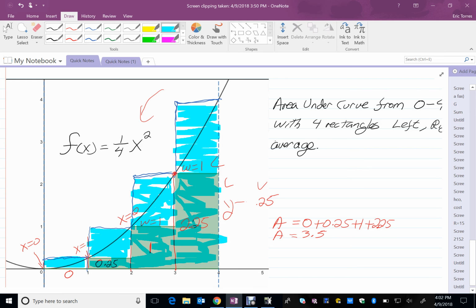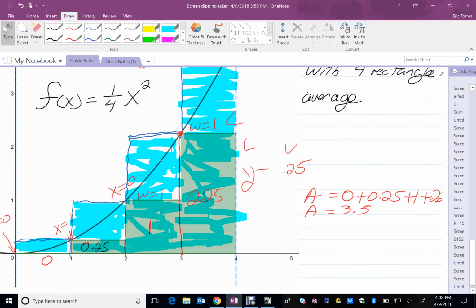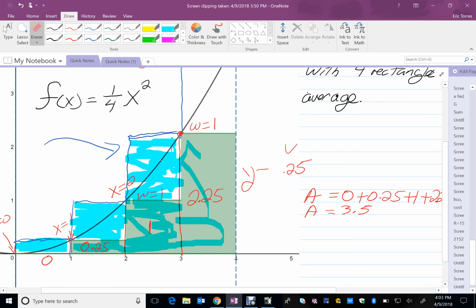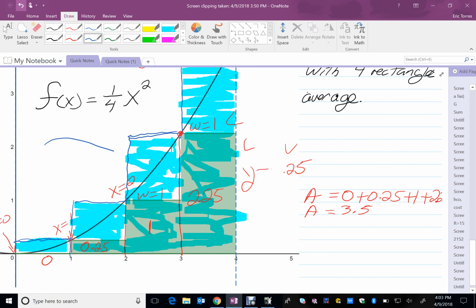Now what's interesting about these new rectangles I've made, take a look at this rectangle here. This right-hand sum rectangle is the exact same size as this left-hand sum one.